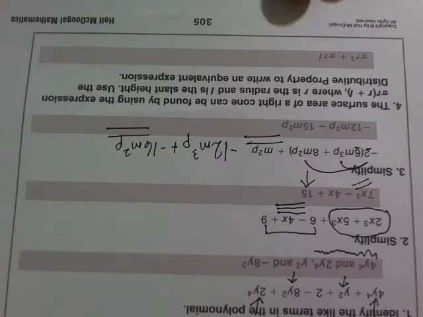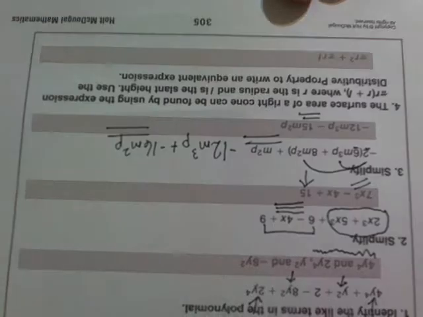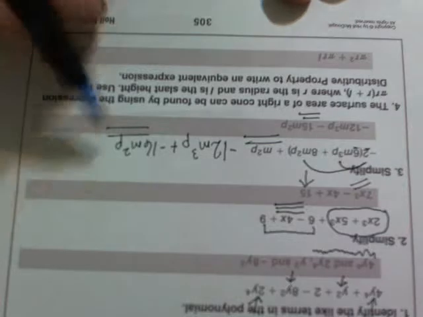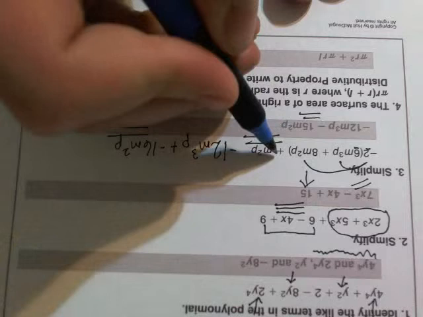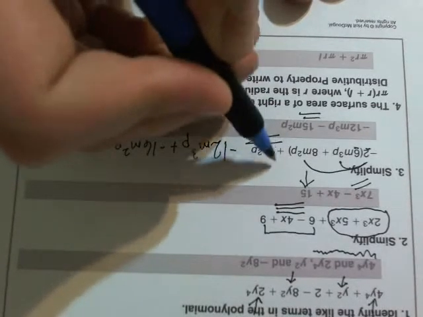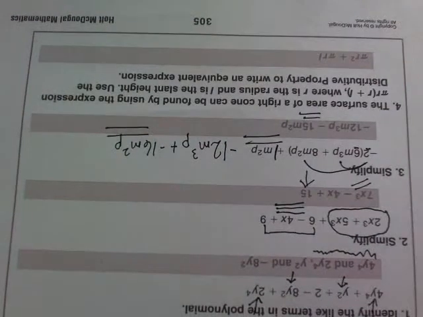So those are going to go together, and that's why the solution line here only says minus 15m squared p, because this is 1m squared p, and if we take away 16m squared p's, that's how I end up with negative 15 m squared p's. So negative 12 m cubed p minus 15 m squared p's. Remember, if there's no number in front of it, it's like there's a 1 there.